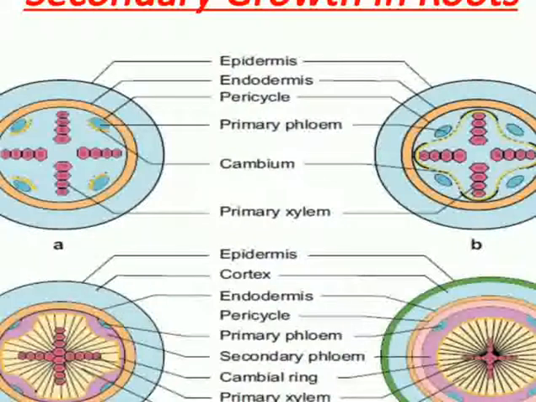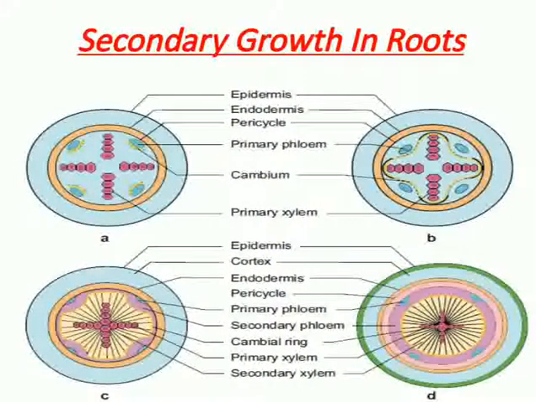It increases the girth, which means diameter, of the organ by the activity of vascular cambium and cork cambium. Wood is actually a term used for the secondary xylem, and there are different types of wood on the basis of their composition and time of production. So this is all about the secondary growth in plants.